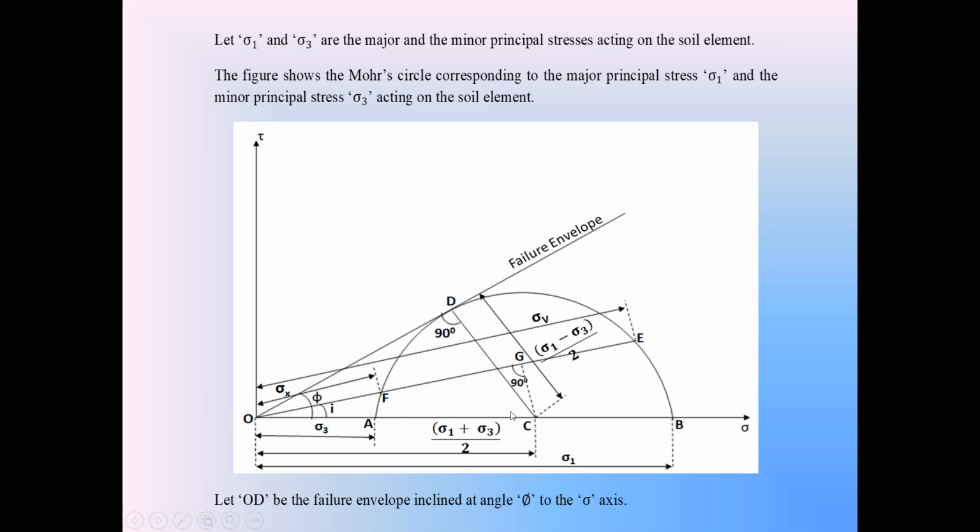Now the length OC is equal to OA plus AC. What is OA? Sigma 3. What is AC? (Sigma 1 minus sigma 3) by 2. So OC is sigma 3 plus (sigma 1 minus sigma 3) by 2, so OC is equal to (sigma 1 plus sigma 3) by 2.